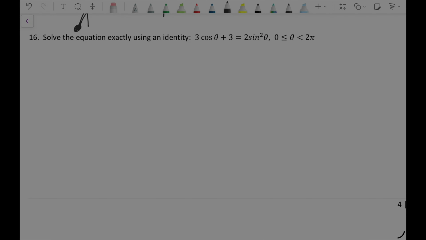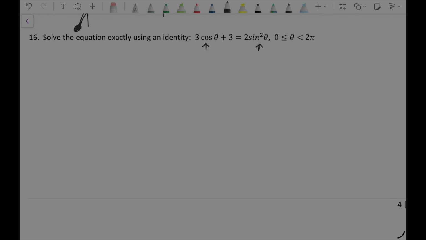With this number 16 here, it looks like we're going to use another identity. It's going to be probably the power reducing formula because I see that I have just a cosine here, and here I have a sine squared. And so far, we've been solving trig equations that are quadratic in nature, or maybe there was some other kind of manipulation we could do, factoring.